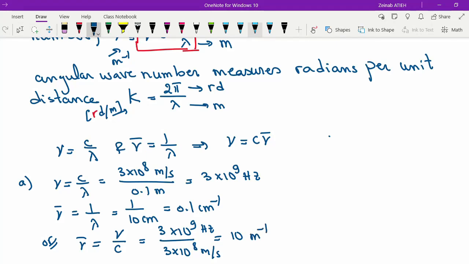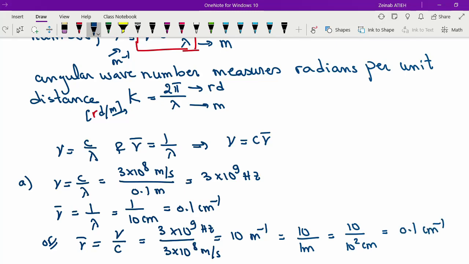Now, how to change from meter minus 1 to centimeter minus 1? Things are simple. Just imagine meter minus 1 is simply 1 over meter. So it's 10 over 1 meter. If I'm going to change meter to centimeter, I have to multiply by 10 to the power 2 centimeters, and I will end up with 0.1 centimeter minus 1.